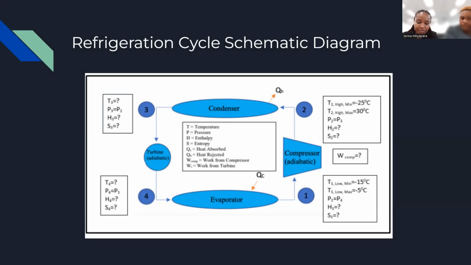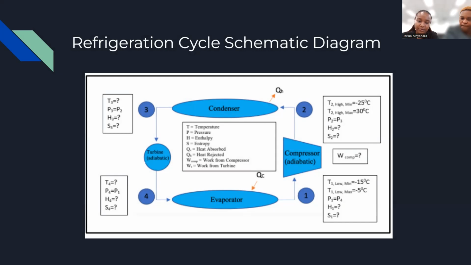So at stage 1, we're starting off at a saturated vapor with a delta H of QC. Then once it exits the evaporator, we're heading to the compressor, and it comes out as a superheated vapor. So at stage 2, we have a delta H of work.